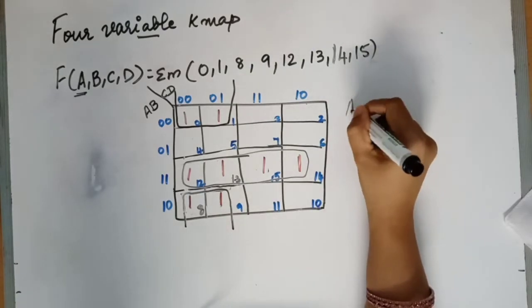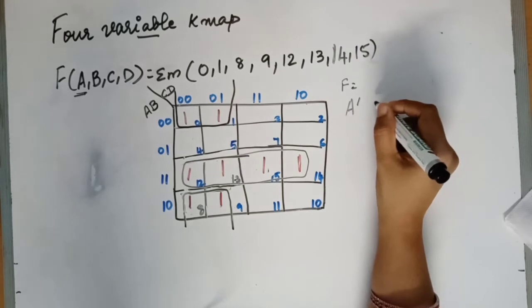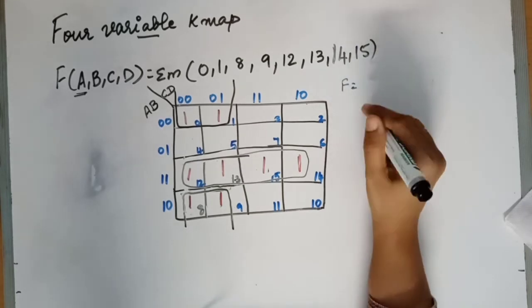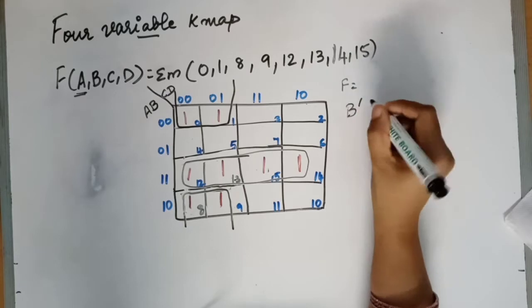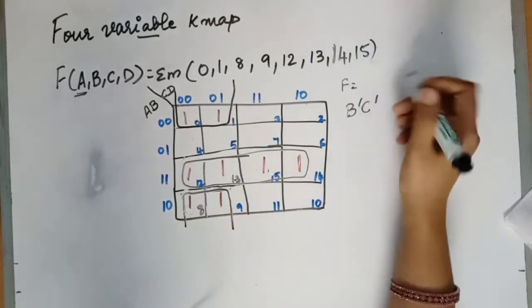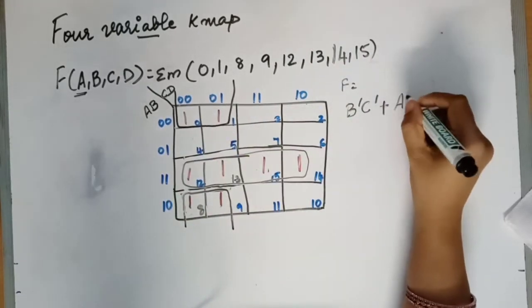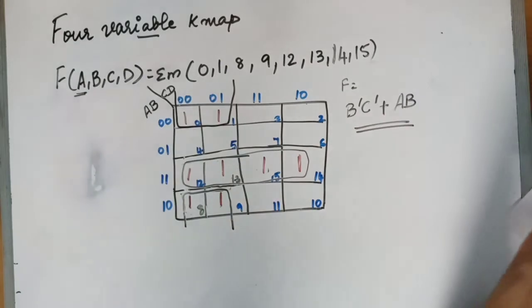It will be F equal to B bar C bar, that is for these, plus what is this? AB. Right?